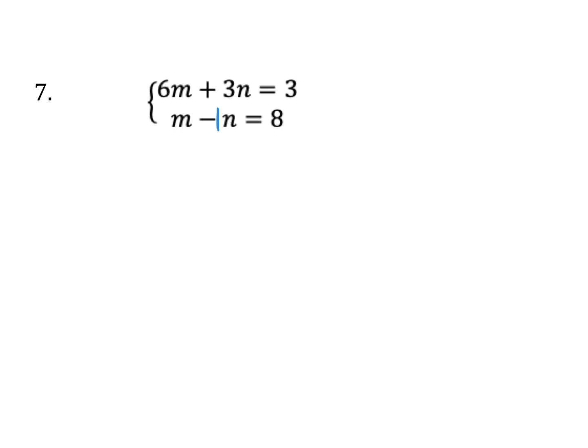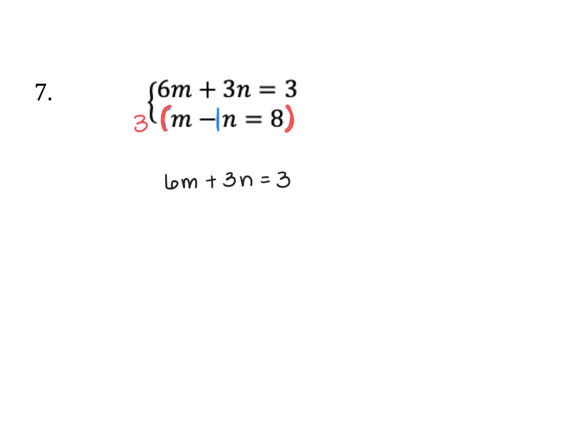In order to make that 1 a 3, I'm going to take that whole equation and multiply it by a 3, because 1 times 3 is 3. So I'm going to put this 3 on the outside. I'm going to rewrite that top equation first because it was on top before: 6m plus 3n equals 3.